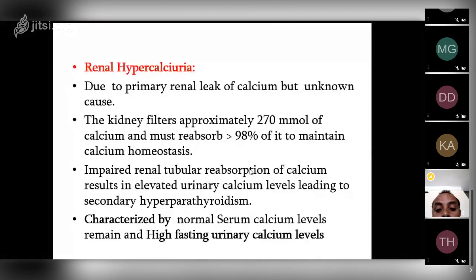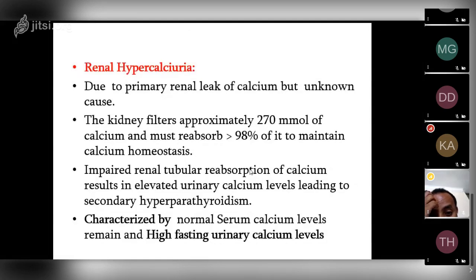The second cause is renal hypercalciuria. This is due to a primary leak of calcium, but the cause is not really known. The kidney filters approximately 207 millimoles of calcium and must reabsorb 95% of it, so the remaining will not be absorbed.